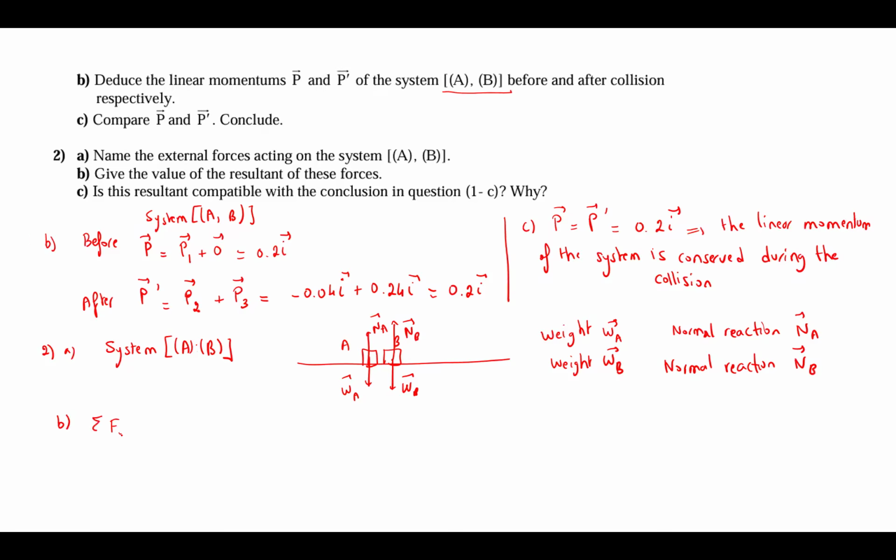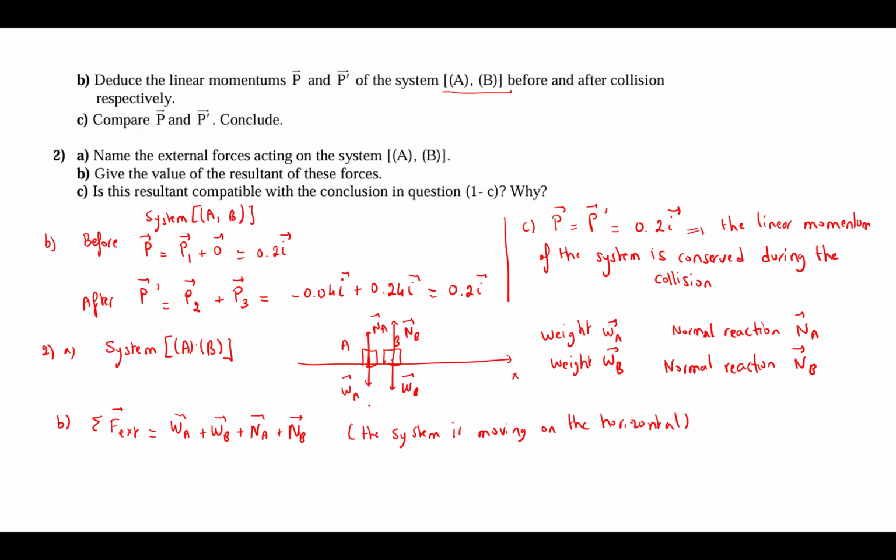So the sum of the external forces acting on this system A and B is equal to the weight A plus weight B plus normal A plus normal B. Now, the system is moving on the horizontal, and all the forces are vertical.